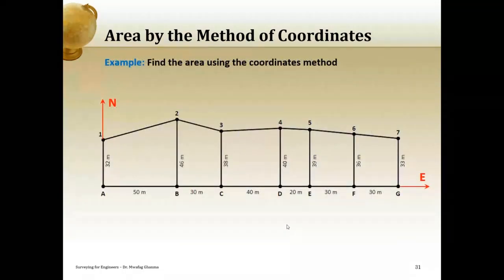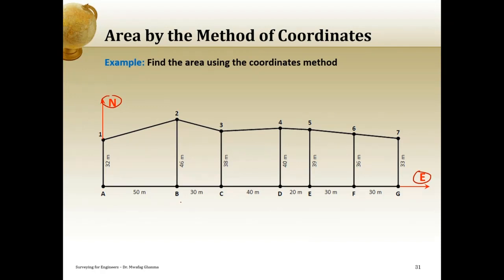Like in this example. In this example, we have eastern direction, northern direction. And for these points, I will give you distances, and I want you to solve this question using the coordinates method. What do I need for the coordinates method? I need coordinates. So where shall I put them?